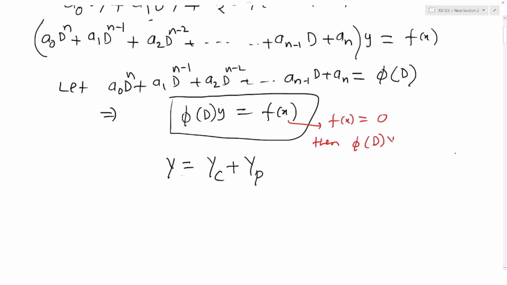Phi of D y equals 0. Then the solution of phi of D, which is a polynomial, the solution of phi of D y equals 0, is called yc.